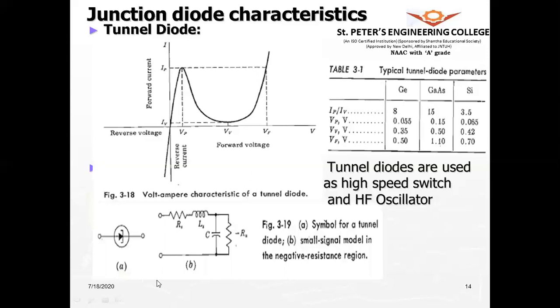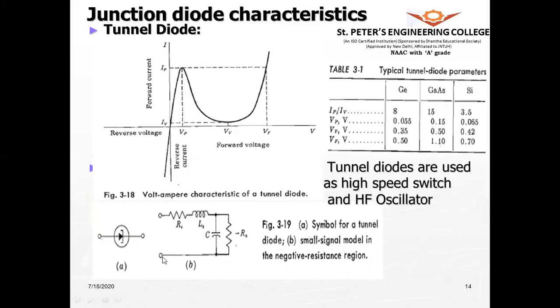Okay, so the tunnel diode symbol is shown here. Where a Zener diode is marked with a Z, the tunnel diode is marked with a T symbol.